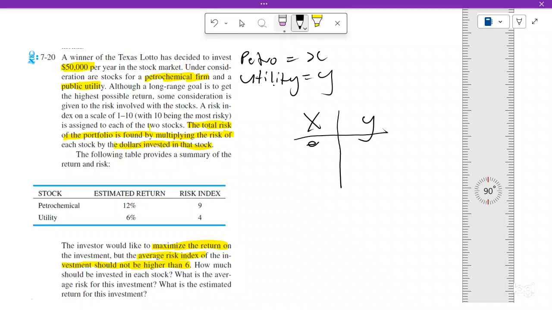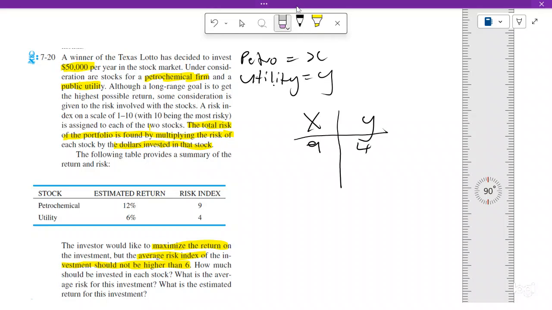Okay, and our formula is structured in this manner. 300,000 divided by 9, then you're going to find 33,333.